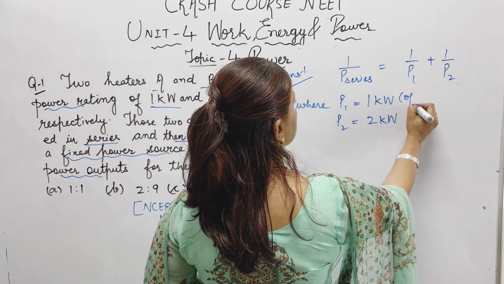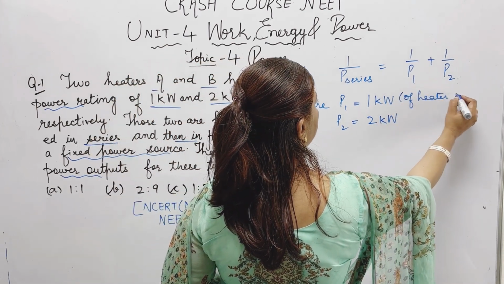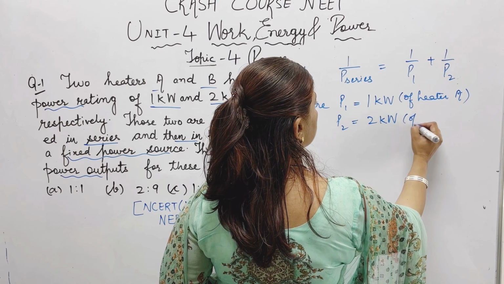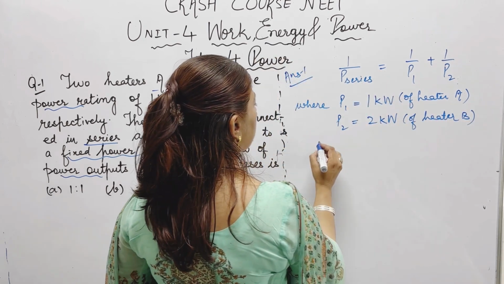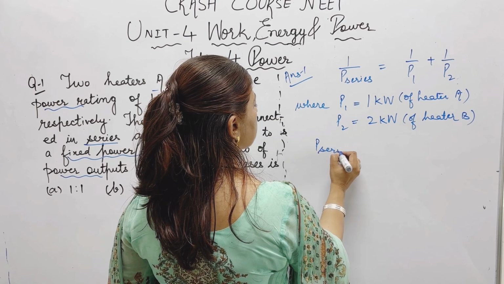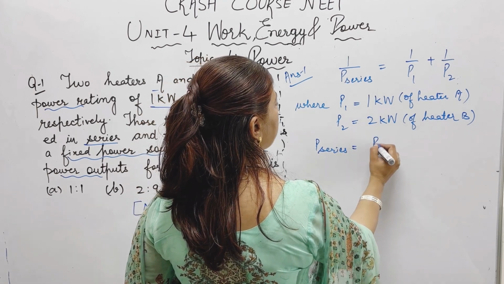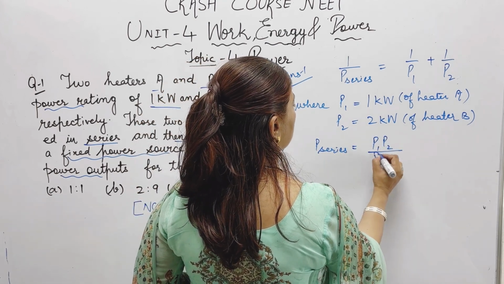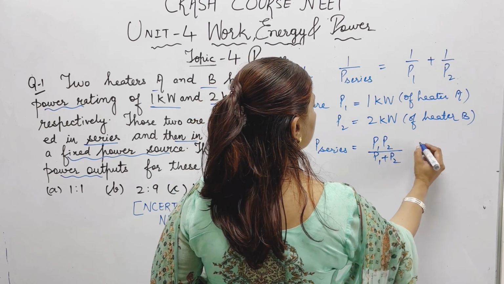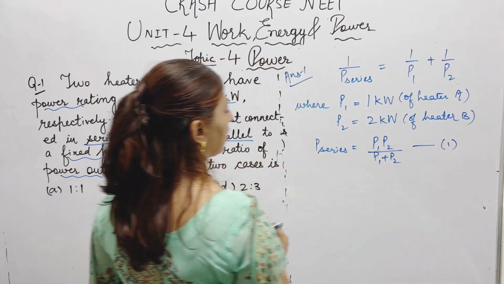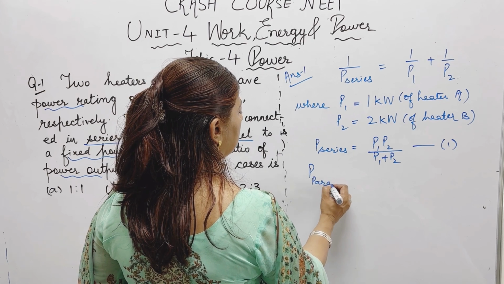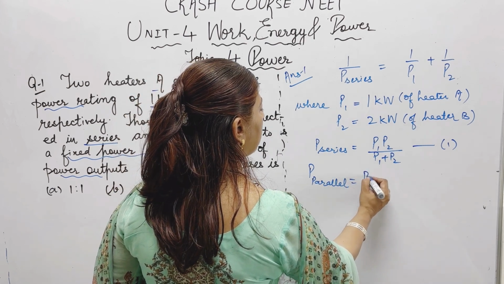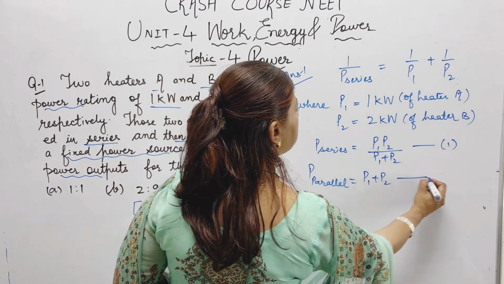P1 is of heater A and P2 is of heater B. From here we have P series equal to P1 P2 upon P1 plus P2. Mark it as equation number 1. And the equivalent power in parallel is simply adding P1 and P2.